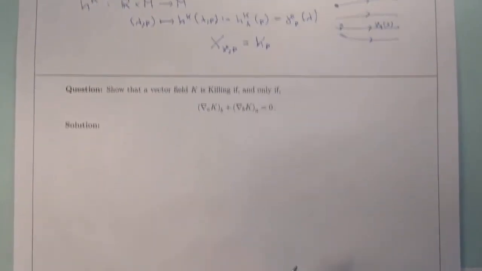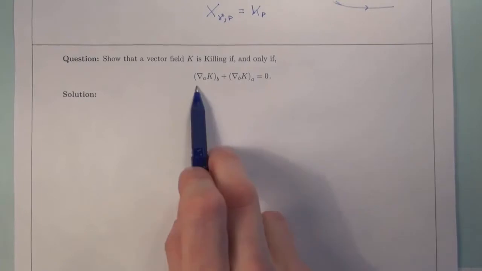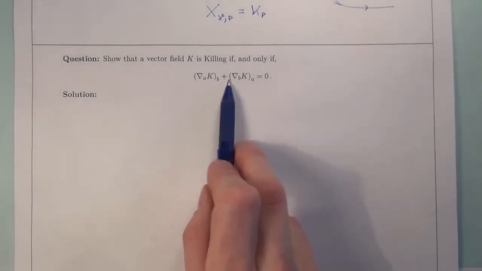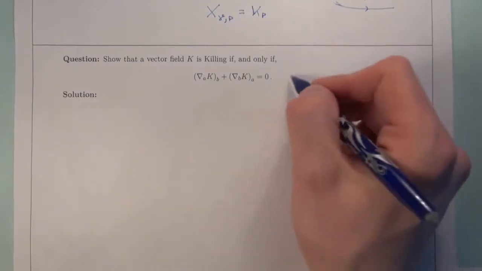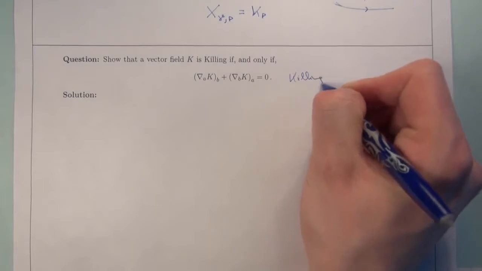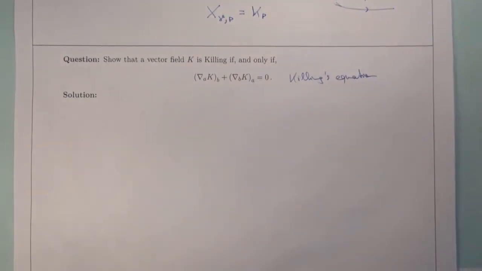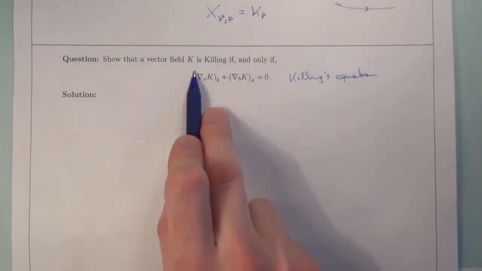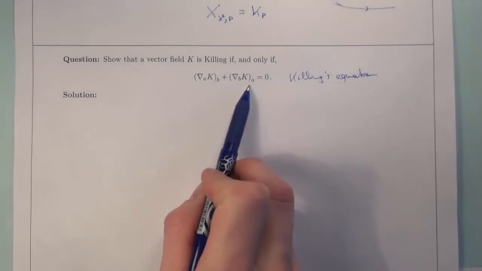Okay, next question. Show that a vector field K is Killing if and only if nabla_A K_B plus nabla_B K_A equals 0. And this one is called Killing's equation. Okay, so you may have seen this before, but now we want to do the derivation of this result.